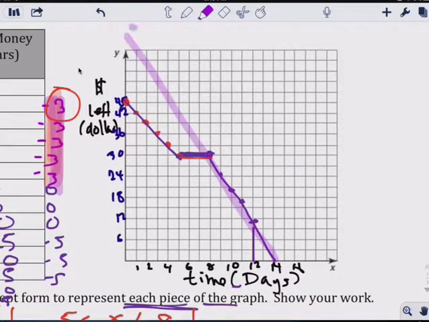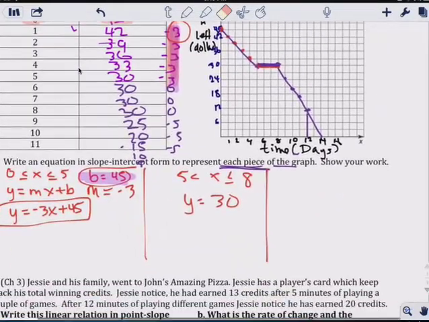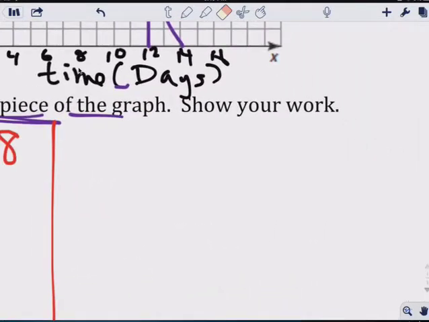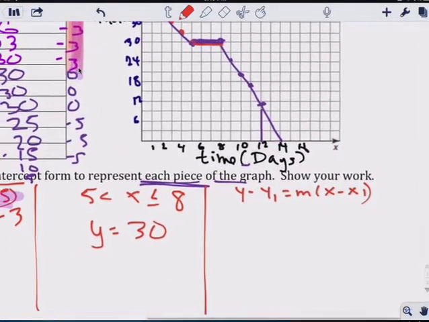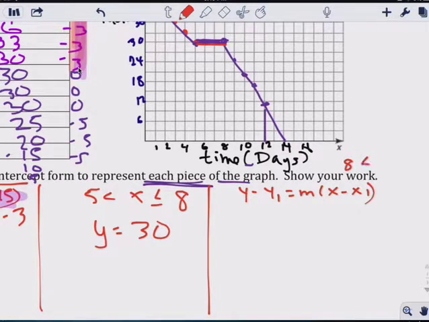It's somewhere up here. Okay, but we don't know the exact. We have to use point slope. So point slope is y minus y1 equals m times parentheses x minus x1, and this is for 8 to 14 hours.